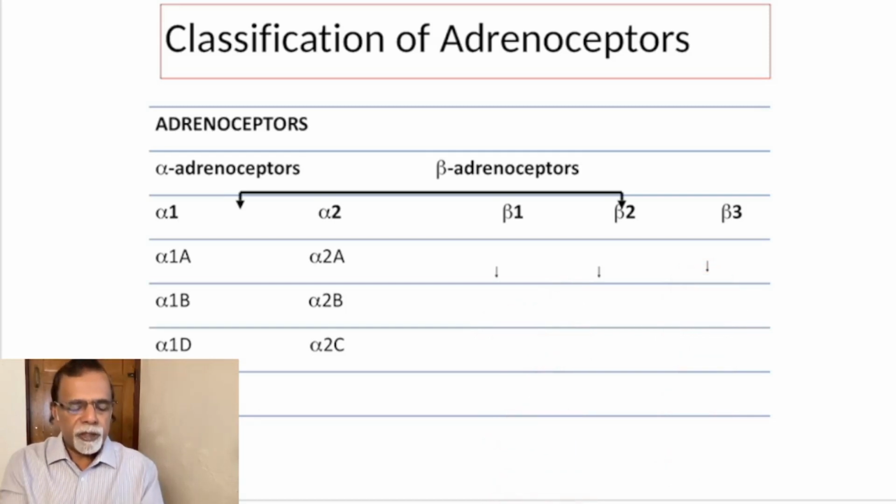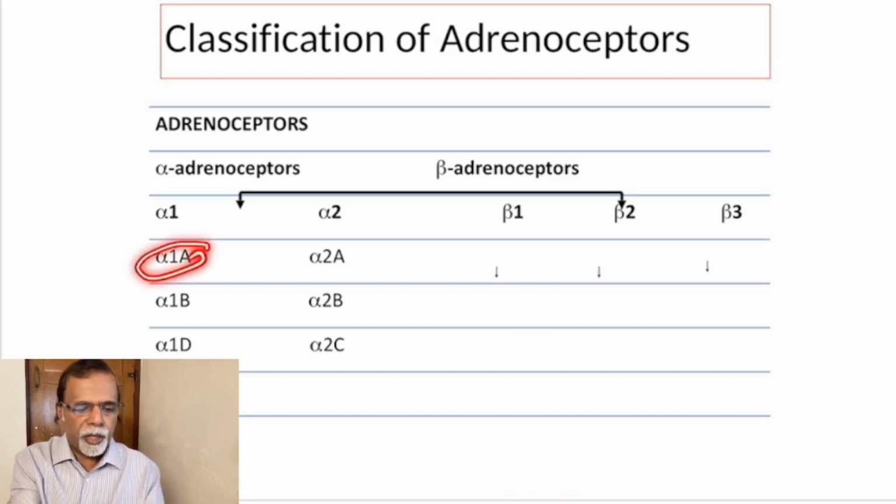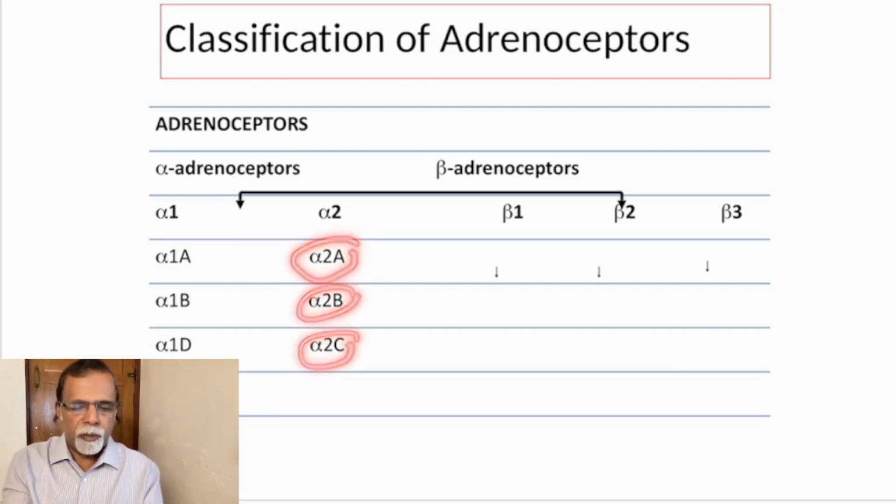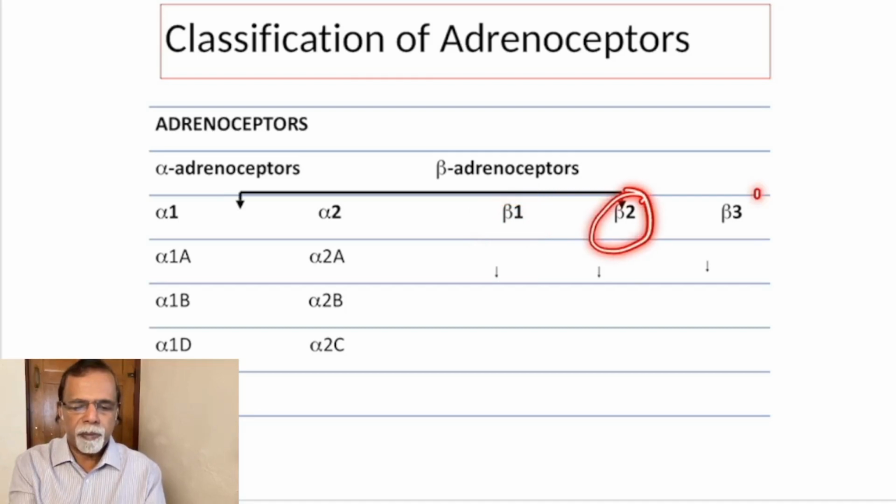There are subdivisions for the alpha: 1A, 1B, 1D, and in the same way alpha 2A, alpha 2B, alpha 2C, about which we will study later. The beta receptors are beta 1, beta 2 and beta 3, which is of less importance.